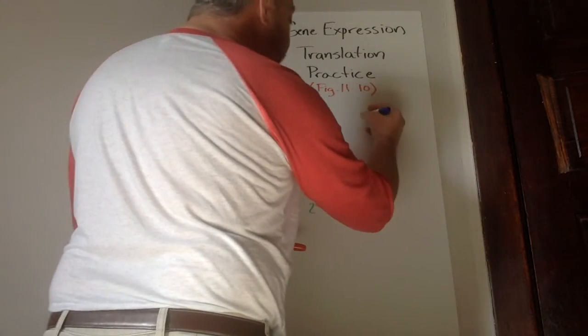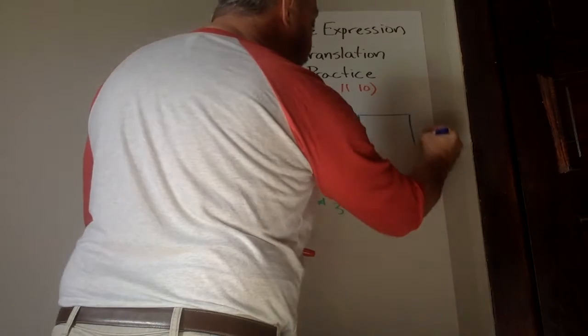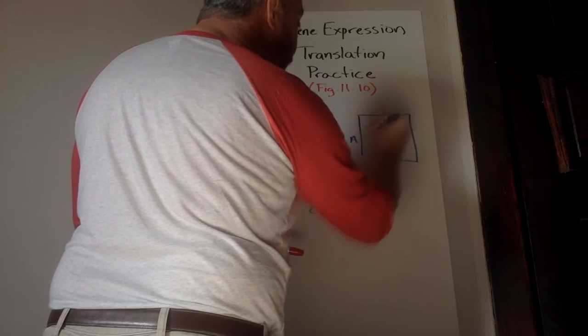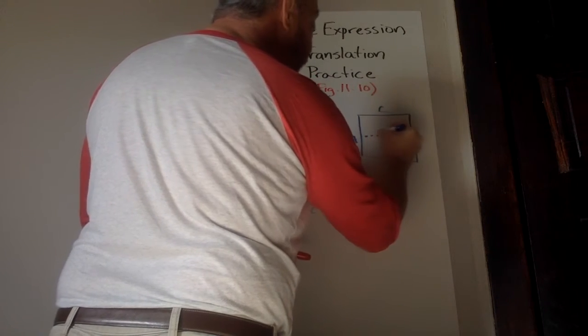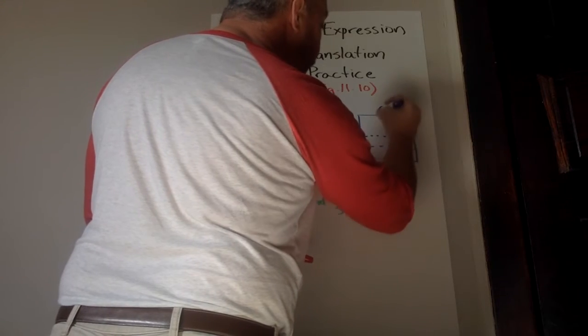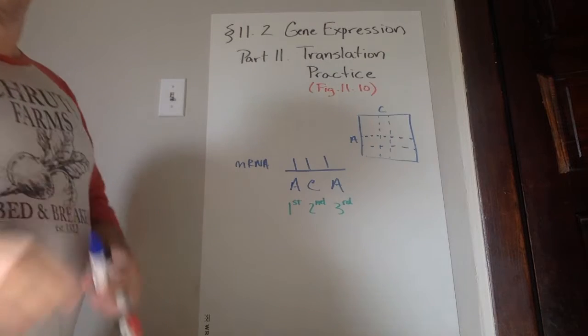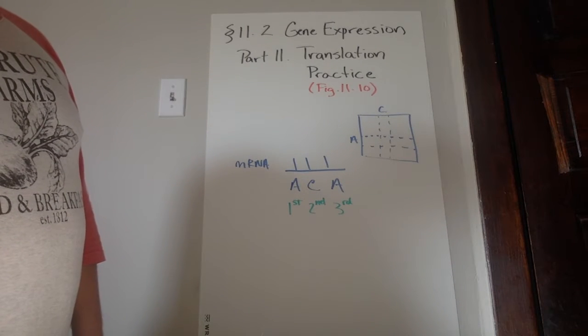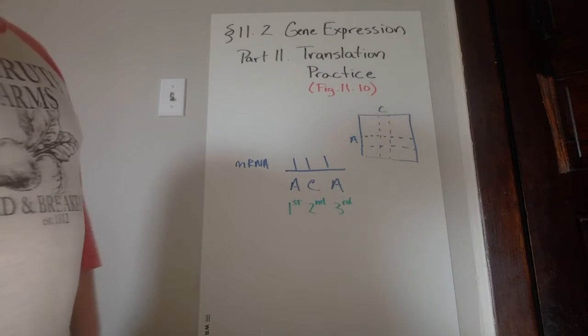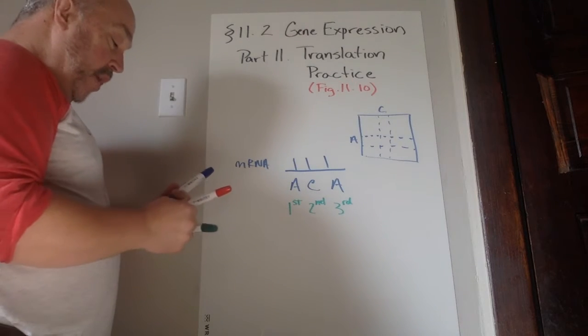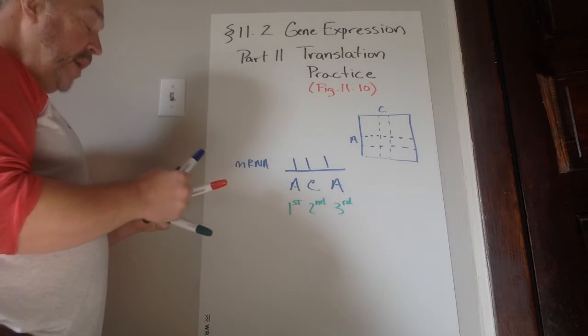So in this box, we have row A and column C, and these two are going to intersect. They have the 4 codons that begin with AC, and you can see that ACA is going to be bringing over the amino acid threonine.